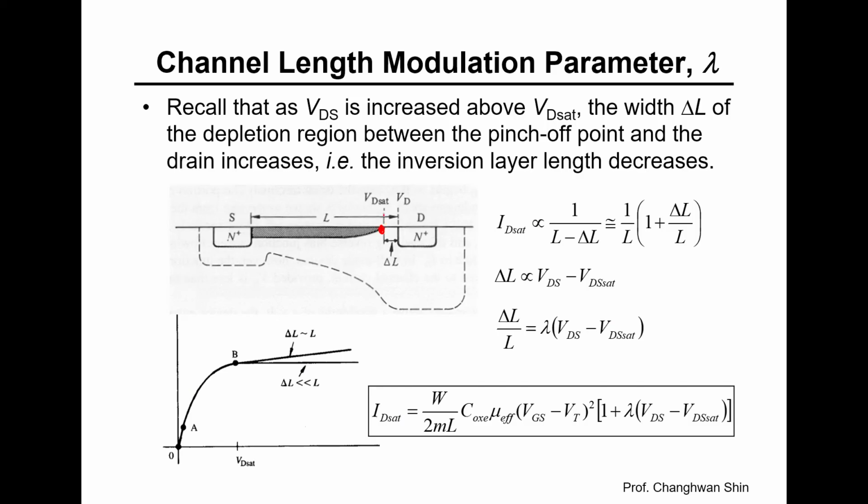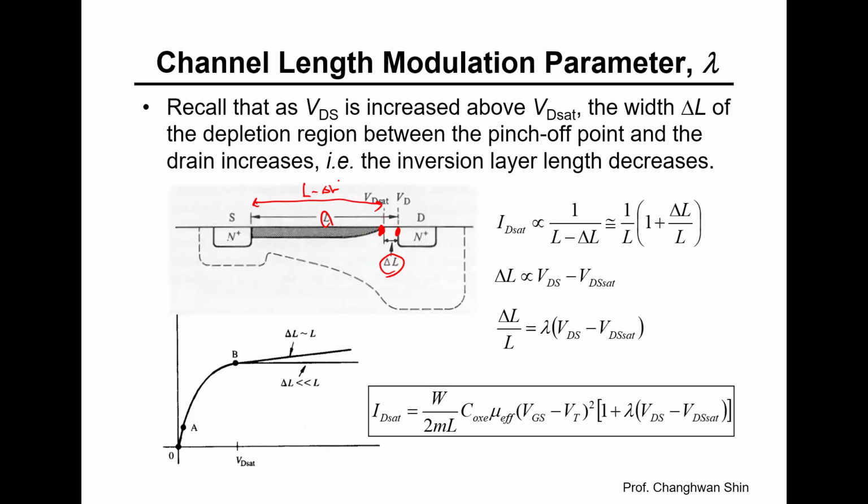The pinch off point is pointed out here, near the drain side, creating a depletion region of width delta L between the pinch off point and the drain. This effectively reduces the channel length from L to L minus delta L.